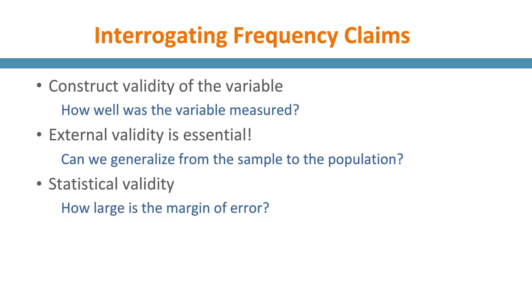People have a tendency to be slightly more honest typically when they can be ensured anonymity. So if they have to answer face to face with someone, they might be more likely to lie a little bit. So how they measured the variable is really important to consider. External validity. So can we generalize from the sample to the population?